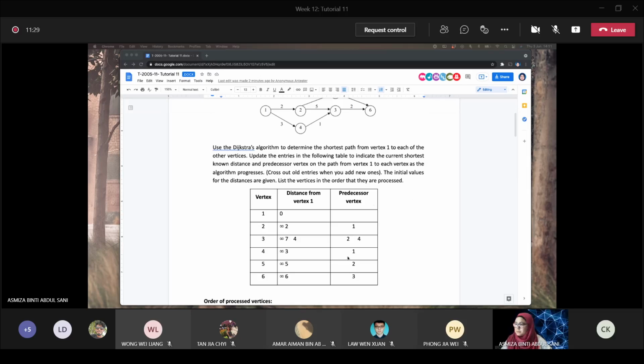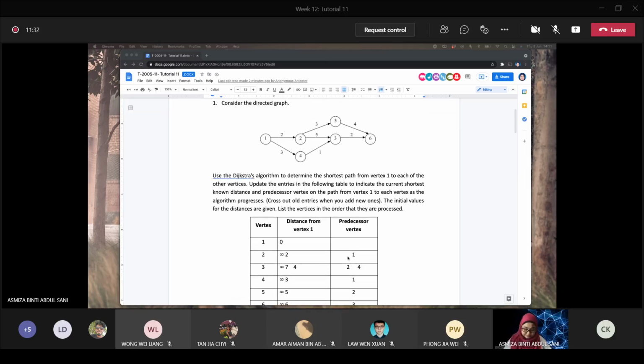Do I need to go through this table with you? I think maybe I should because it's a very quick one. So I think I will share my iPad.